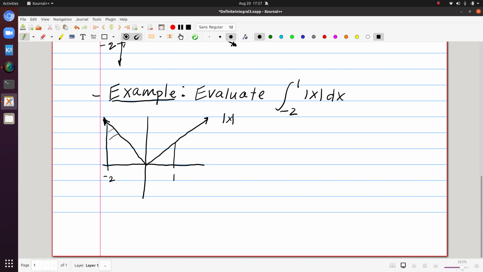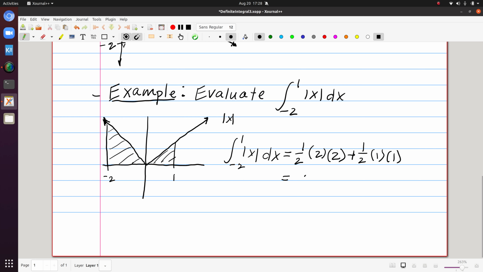So we are interested in adding the area of these two triangles. So I can say that this is equal to 1/2 base times height for the triangle on the left, plus 1/2 base times height for the triangle on the right, giving me 2 plus 1/2, or 5/2.